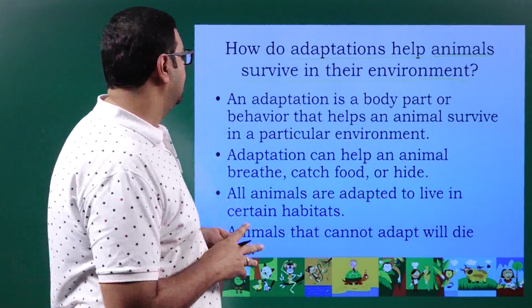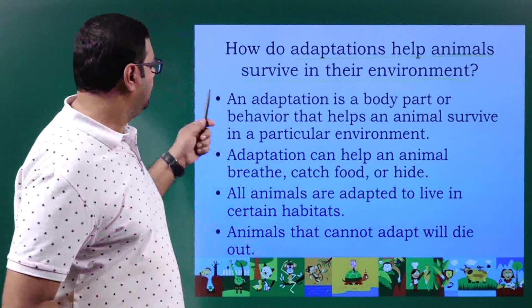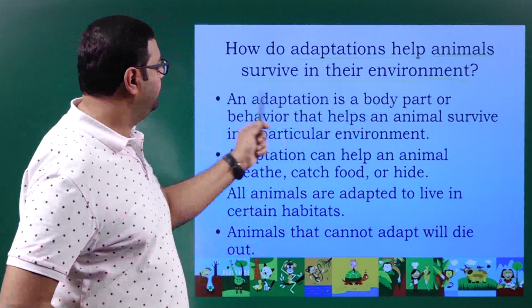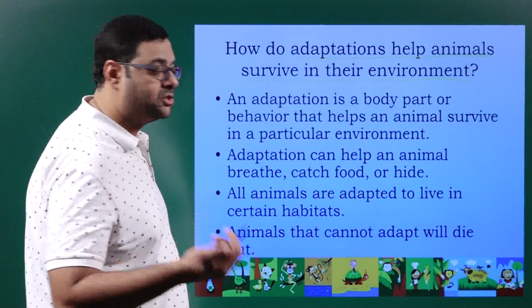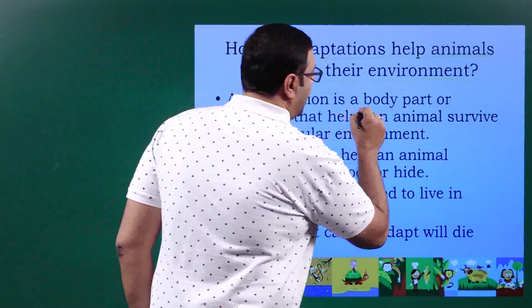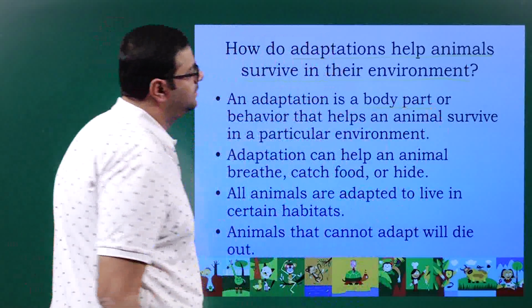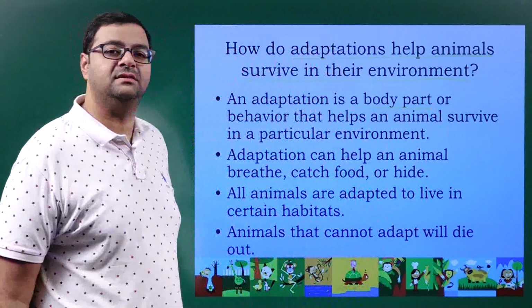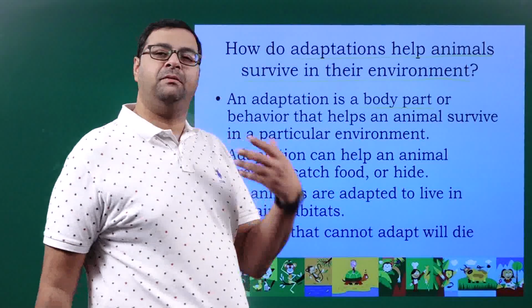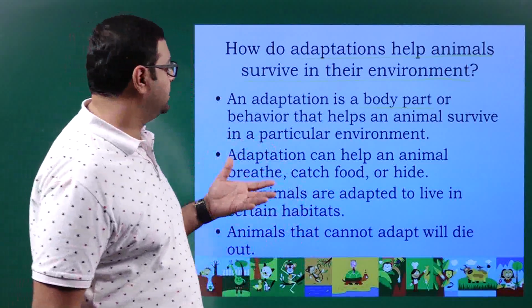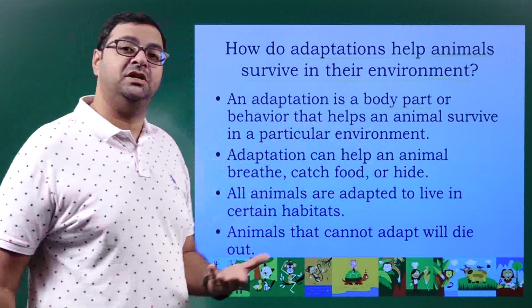An adaptation is a body part or a behavior that helps an animal survive in a particular environment. So an animal can adapt its body part for performing some specific function with respect to the environment in which it is staying.